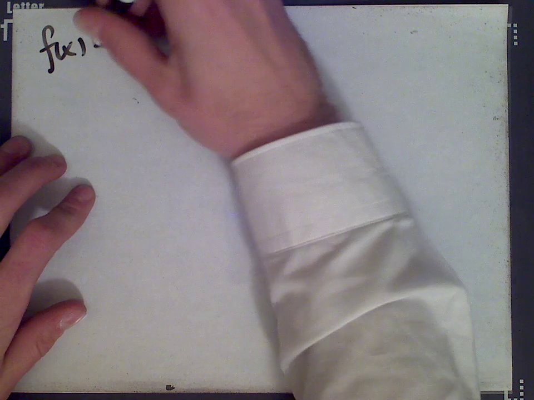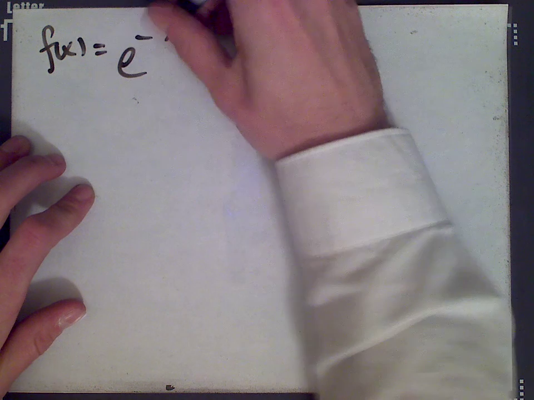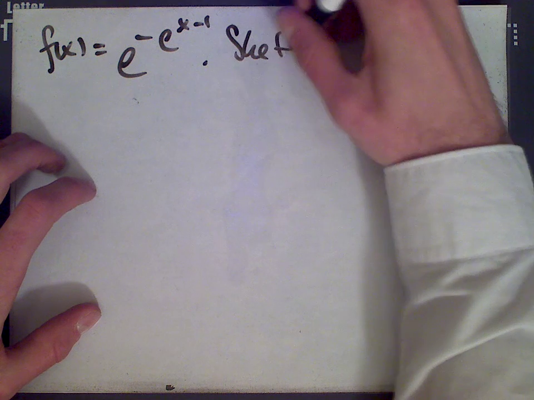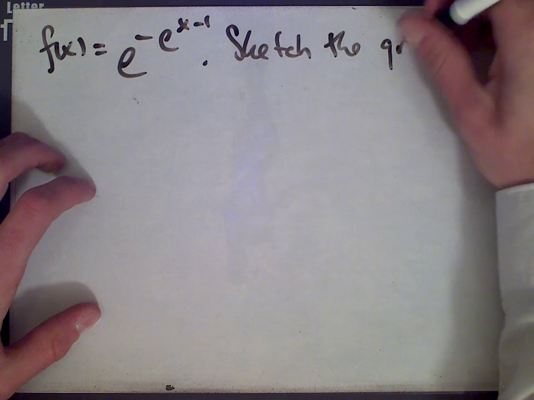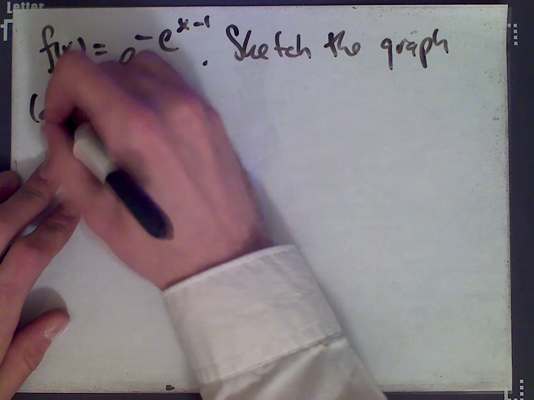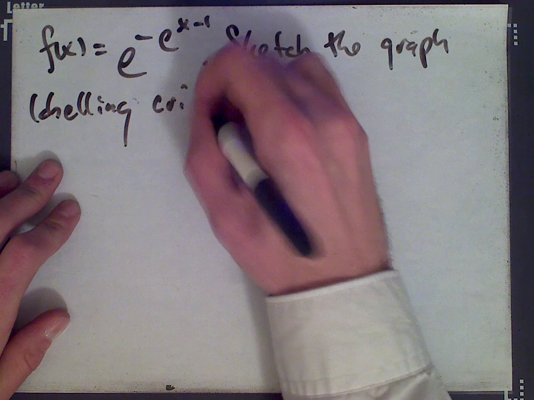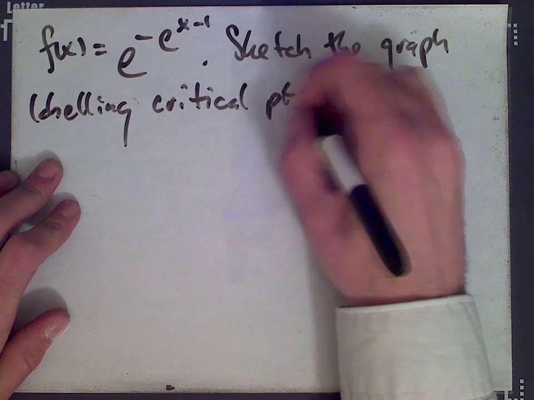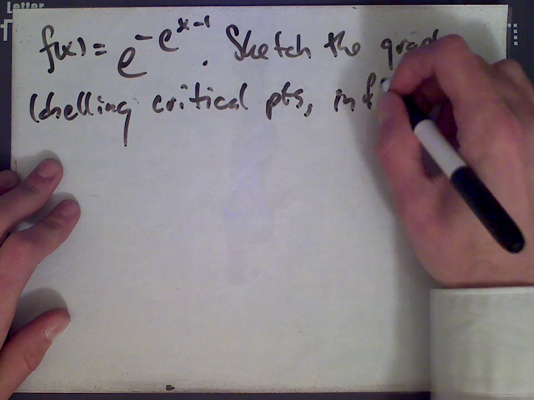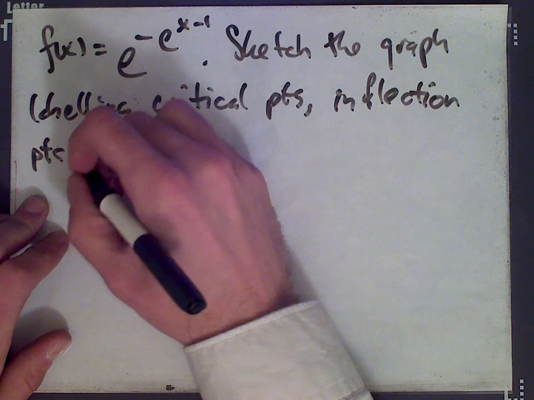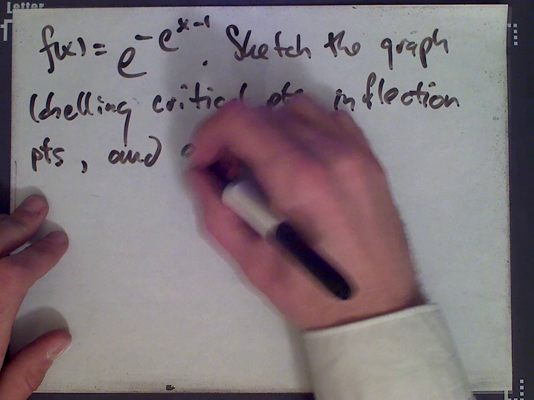And this question is about graphing. It's question number 8. So we have f of x is e to the power of negative e to the power of x minus 1. And we have to sketch the graph, labeling critical points, inflection points, and asymptotes, if any.